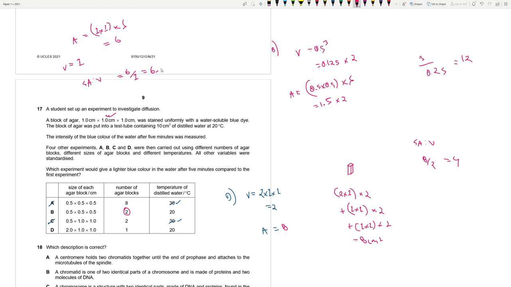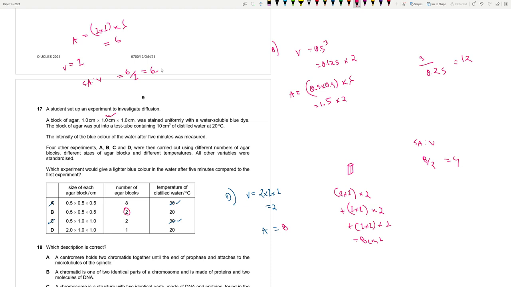So we were confused about B and D, right? We're confused about B and D. So in D, the surface area to volume ratio is 8 by 2, which is 4.